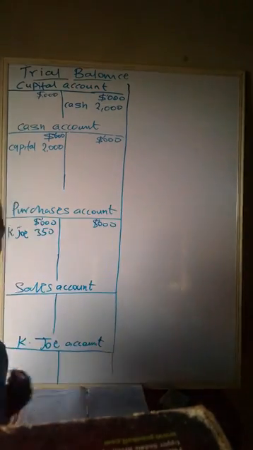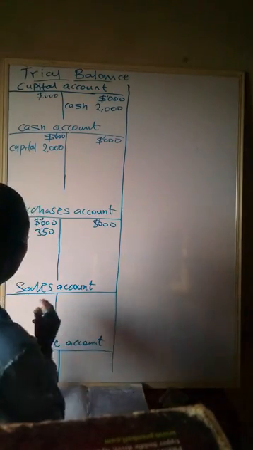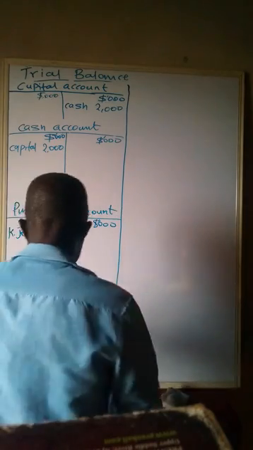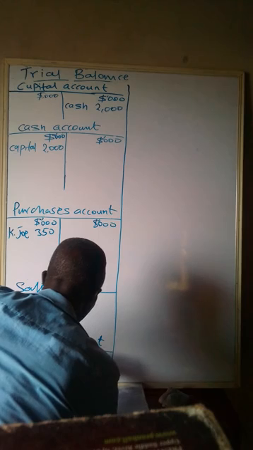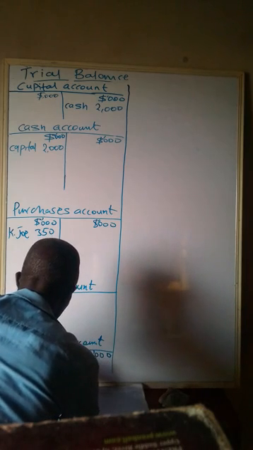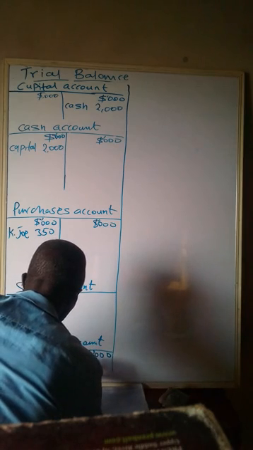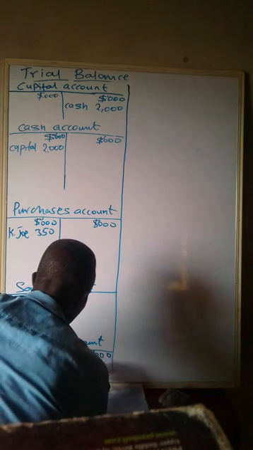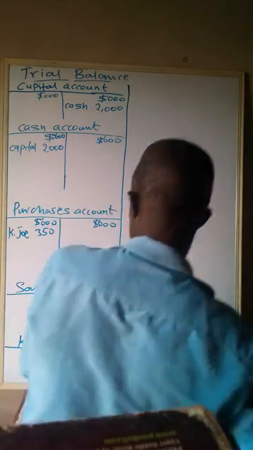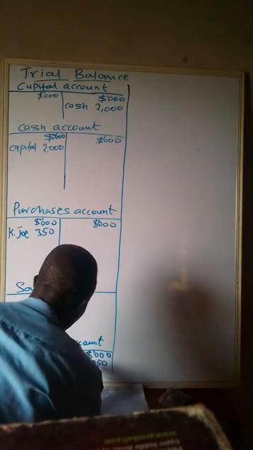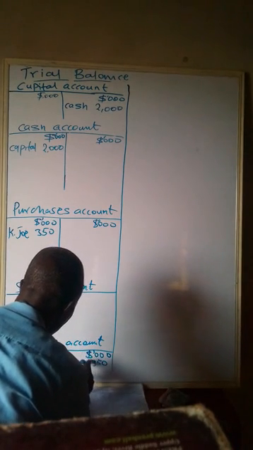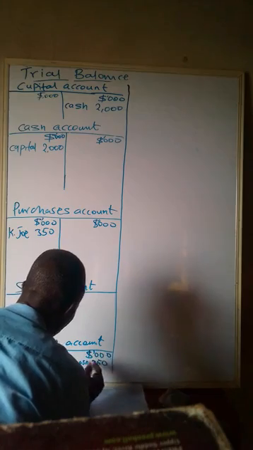Let's try and see where I can manage it. That is bought goods, so K. Joe is the seller. You credit K. Joe, and the corresponding entry is purchases, $350,000.